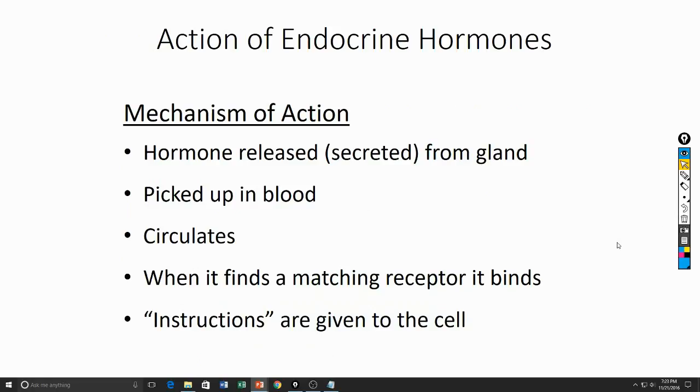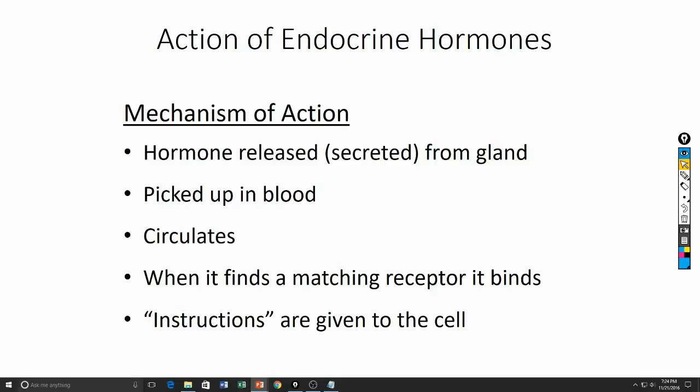All right, so the mechanism of action. Hormones, as I said, are secreted from glands. Some sort of stimulus, be it the central nervous system or some sort of feedback within the body, will tell the gland, okay, release hormone. The gland will secrete it out to the blood.